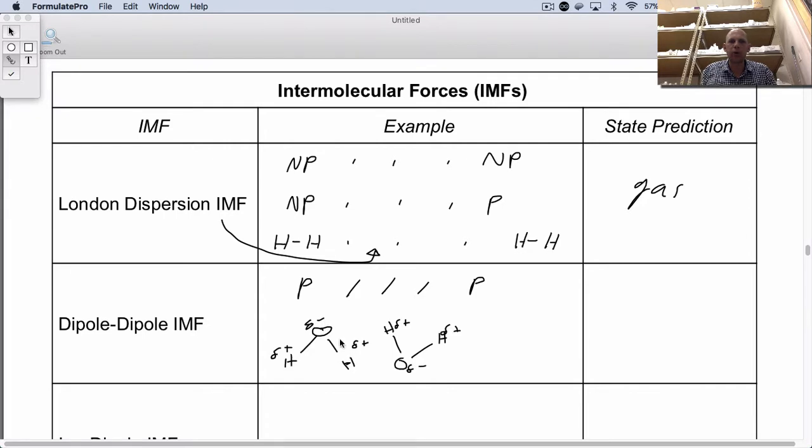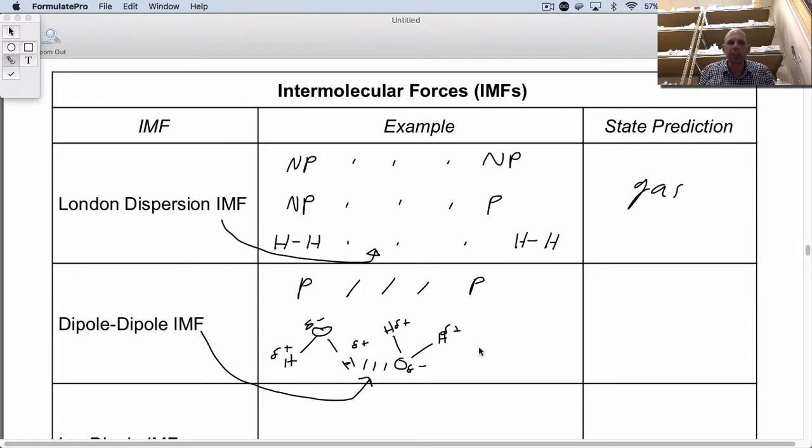This dipole right here and this dipole right here are going to form a dipole to dipole intermolecular force. Notice that the water molecules are not as spread out as the particles in a London dispersion intermolecular force.